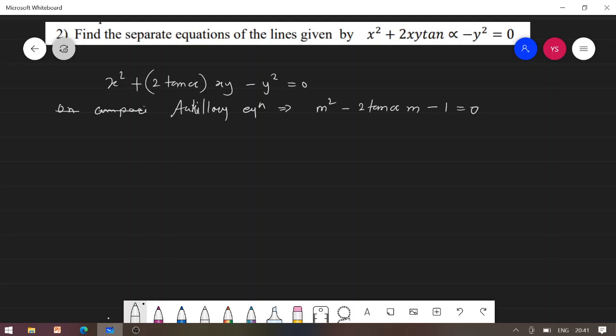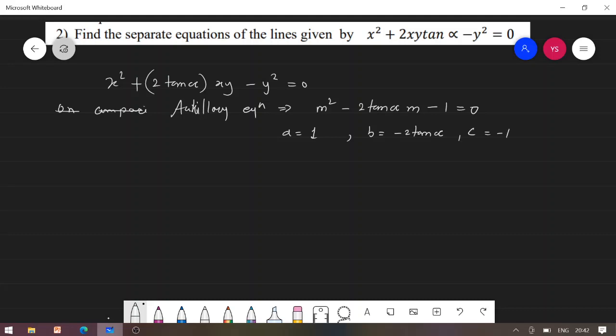It is a quadratic equation in m. Compare with the standard quadratic equation: a is the coefficient of m squared, which is 1, b is the coefficient of m, which is minus 2 tan alpha, and c is the constant, minus 1.